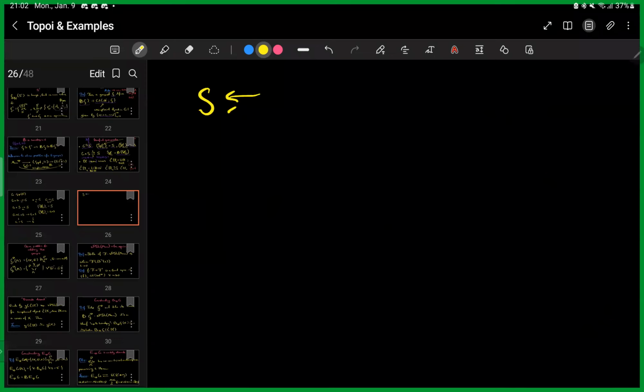We have the source and the target map. Then we have the map which composes elements of the group.